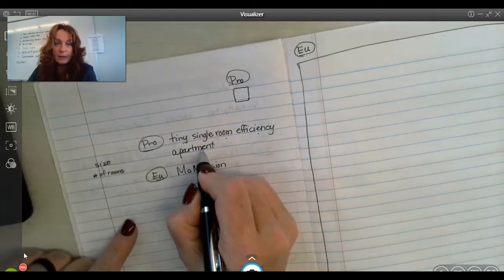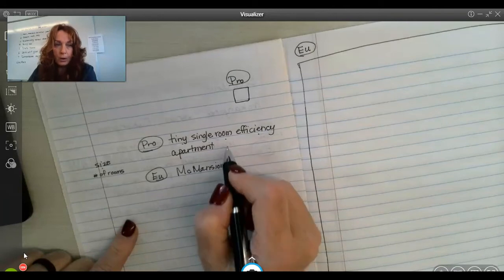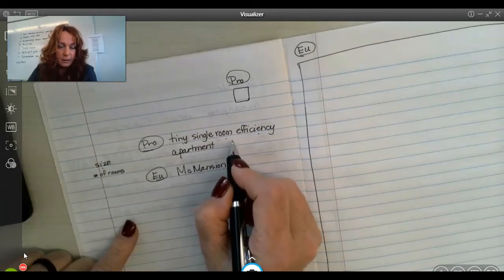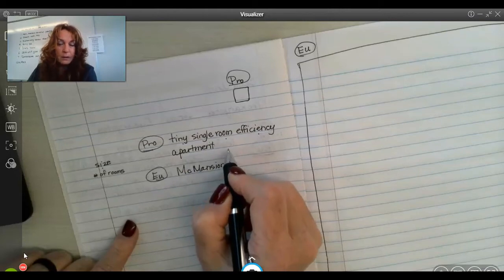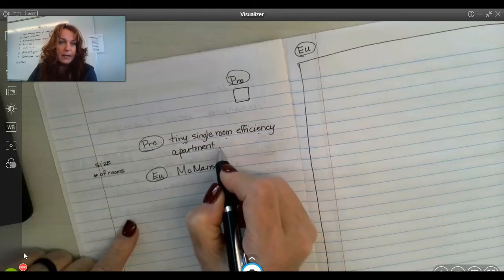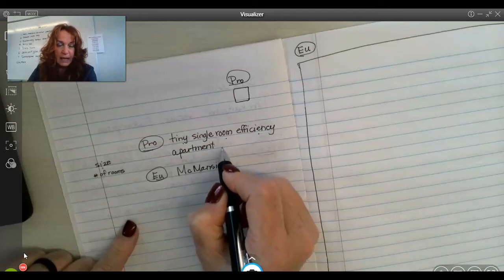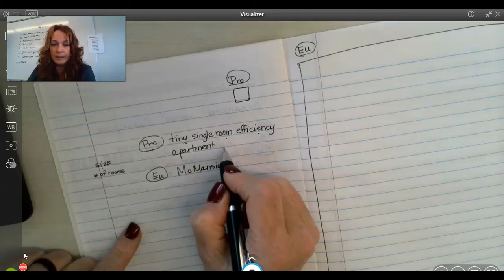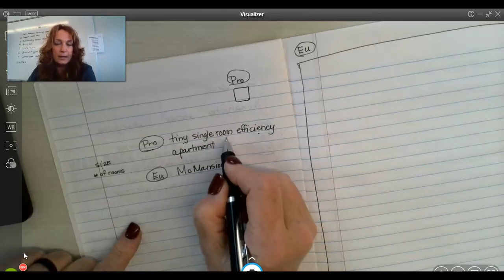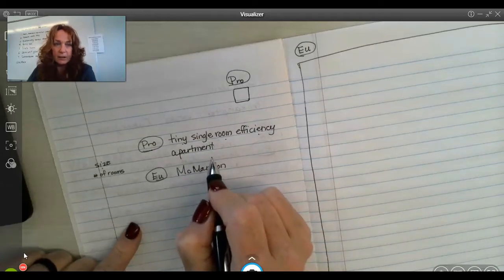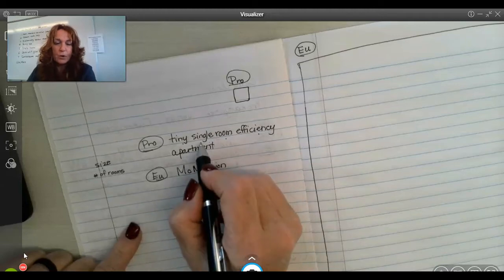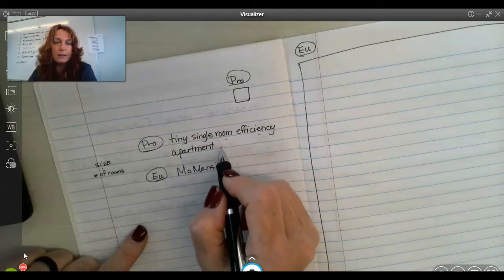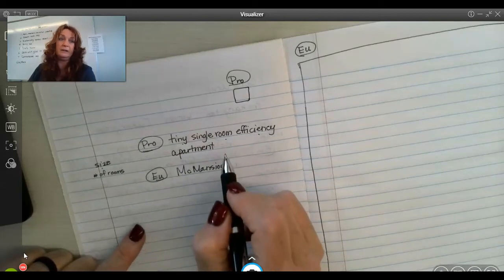Efficiency apartment means in one room you're going to have a little kitchenette, a little bathroom area, a place to sleep, and a place to sit. That's it. Every single thing that would go in a regular apartment has to go in this one tiny little single room. So there's no compartments, there's no separate living areas, there's no separate nothing.